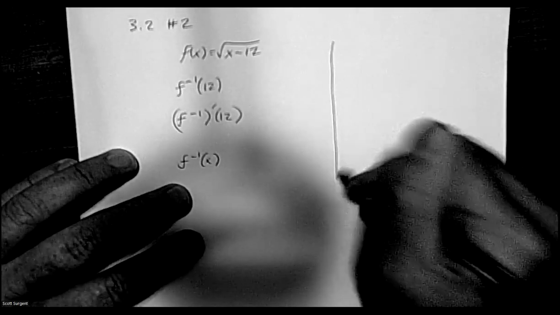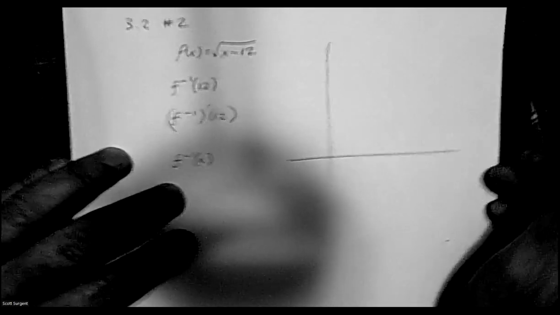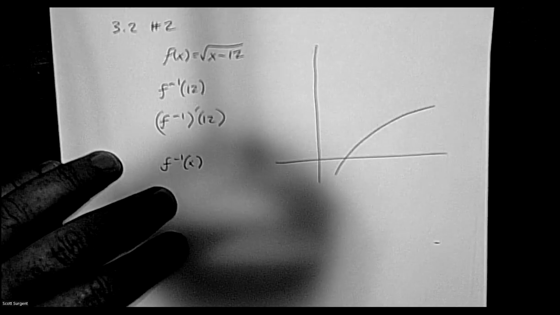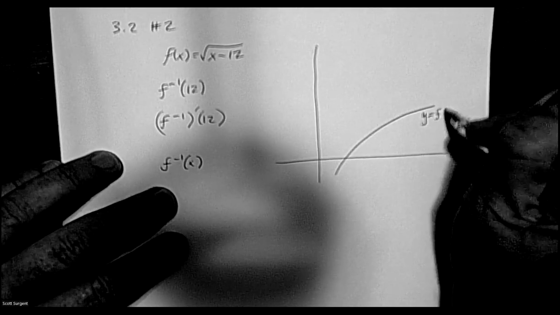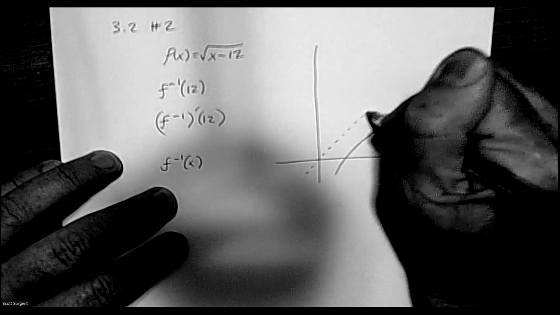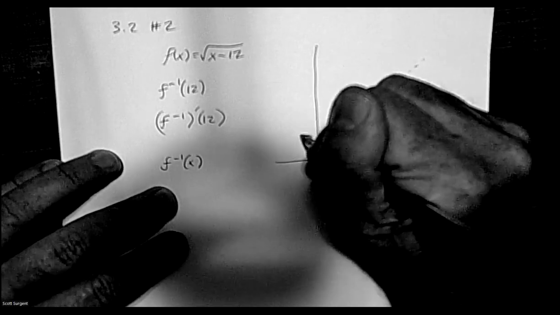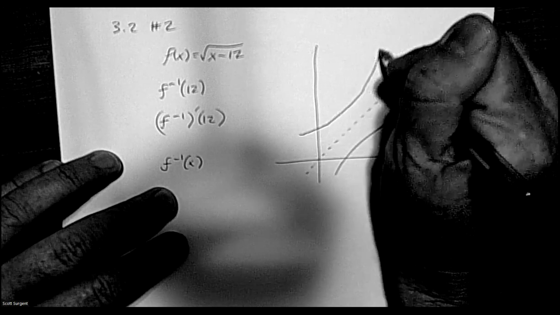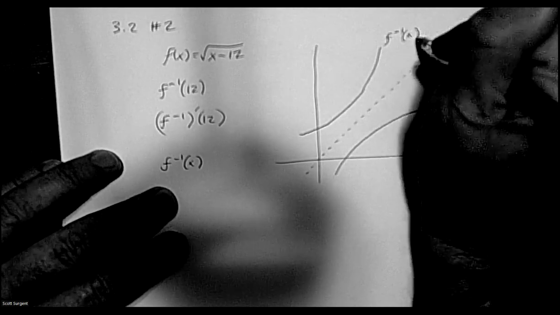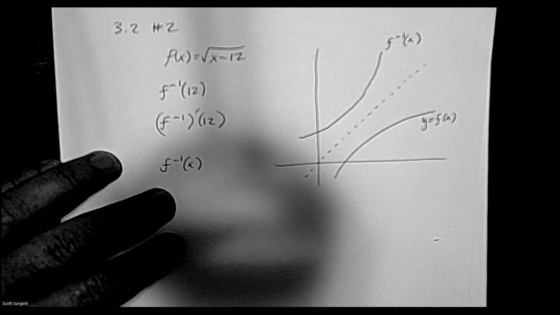I'm going to draw a curve. There you go. We'll call this guy f of x. If I draw the 45-degree line through the origin, then the inverse curve is actually a mirror image of that across the 45-degree line.